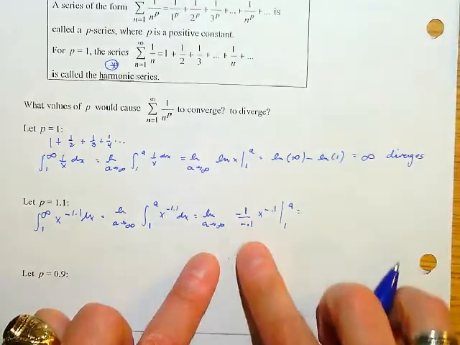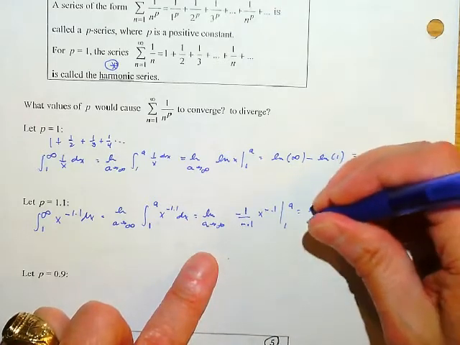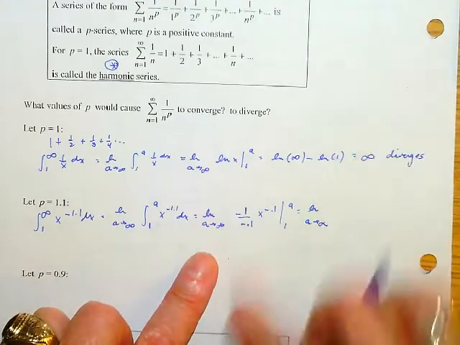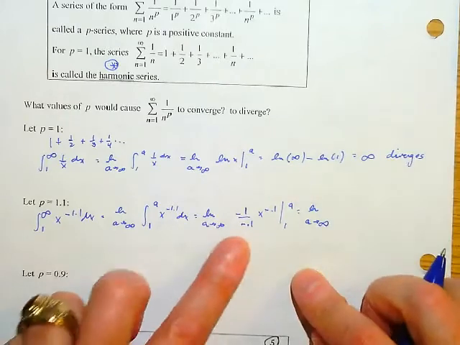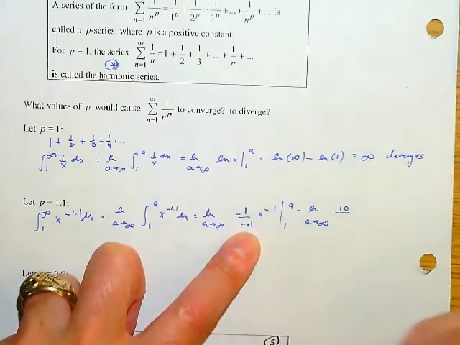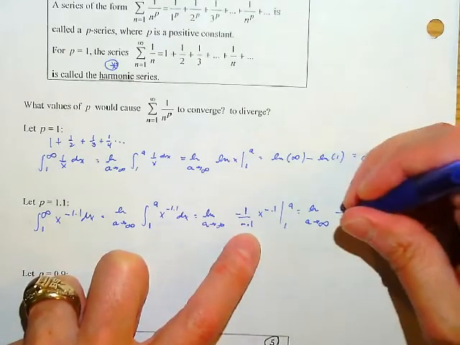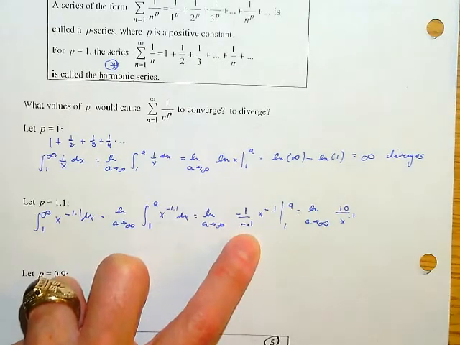And if that looks kind of confusing, I agree, decimal places and all that. If you rewrite this limit as a approaches infinity, well, negative to negative are going to cancel out. That's okay. 1 divided by 0.1, well, that's the same as 10. And negative exponents, isn't that just going to be x to the 0.1 power? So 10 over x to the 0.1 power.